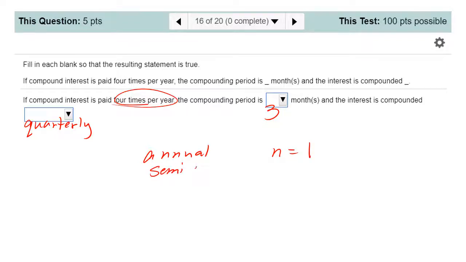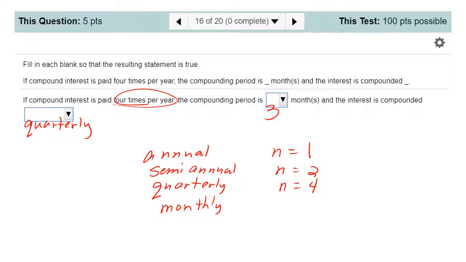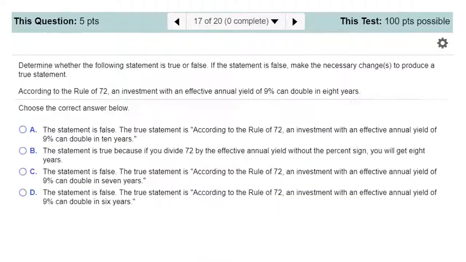Semi or biannual means N equals 2. In this question, quarterly, you would use N equals 4. Monthly, you would use N equals 12. And daily, you would use N equals 365. These are all the compounding periods for compounded interest.